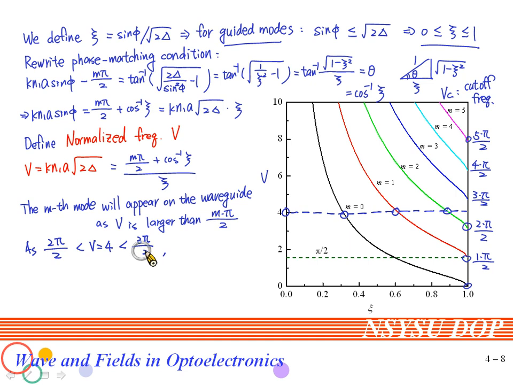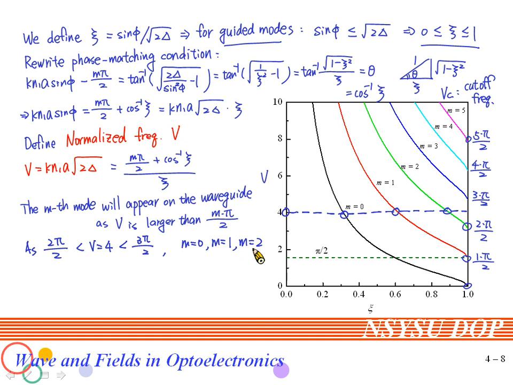So from this relationship we know that we will have m0 mode, m1 mode, and m2 mode on this waveguide. So if the normalized frequency is smaller than m pi divided by 2, there will be guided modes 0, 1, 2 until m-1 on this waveguide.